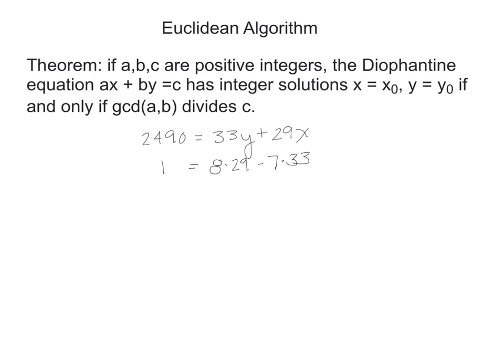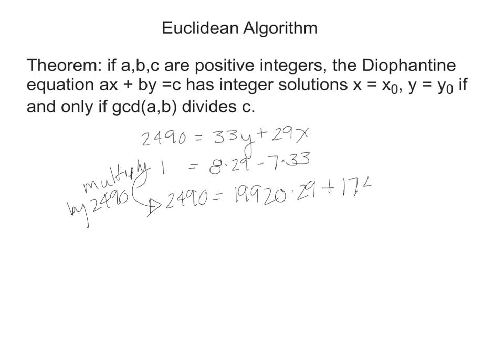And then last, because the greatest common divisor divides c, which is what this is here, if and only if the greatest common divisor of a and b divides c, because it does divide it, fortunately it was 1, we were able to multiply by some number, in this case 2490, and then find the integer solutions, which were 1920 and 17430.